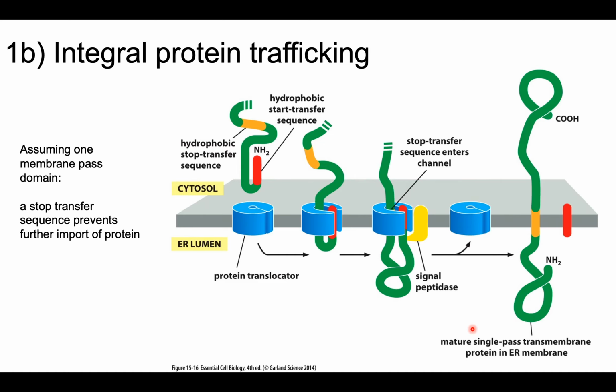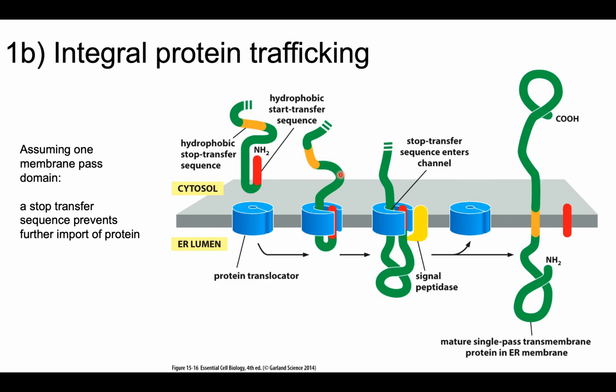If we want something to stick in the membrane, we need another signal to make that work. So in this case, we have a single pass transmembrane protein. We're going to add something called a stop transfer sequence. So these are usually going to be pretty hydrophobic, right? We want them to stay in the membrane. So we have our original signal sequence. This is our start transfer. This orange one will be our stop transfer. So like we've mentioned, this is going to bind that translocator.